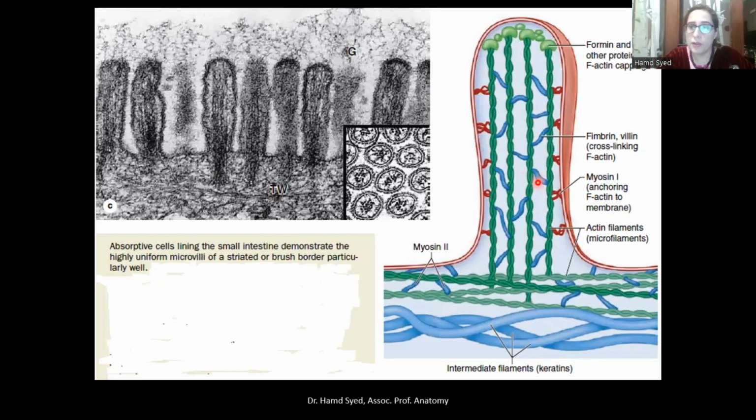These are the different anchoring filaments. We can also see the myosin, which is present in association with the actin. And here is the terminal web in the distal aspect of the cytoplasm of the enterocyte, which is anchoring these actin filaments of the microvilli.